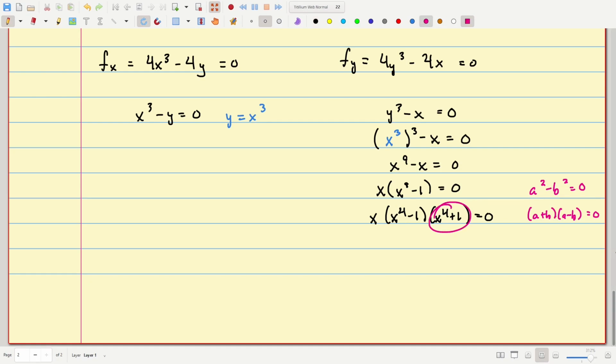This one, I'm not going to be able to do anything about. On the left, however, we have another difference of squares. Okay, and then another difference of squares.